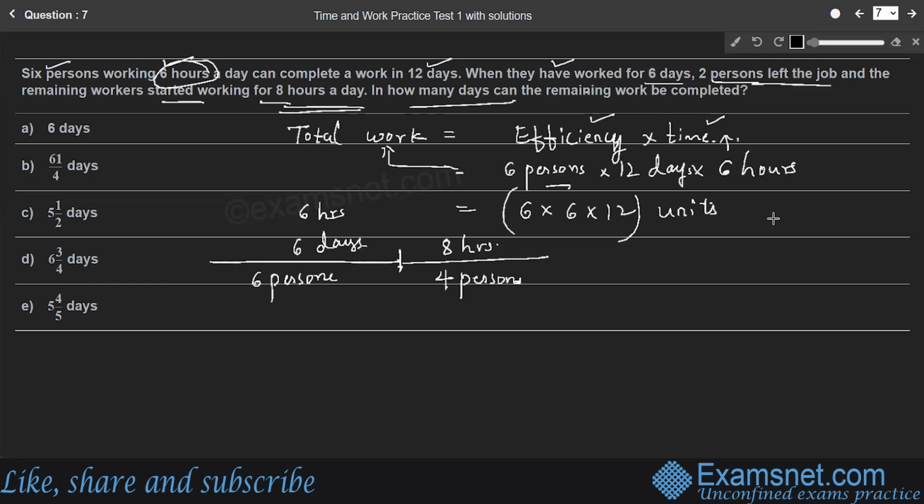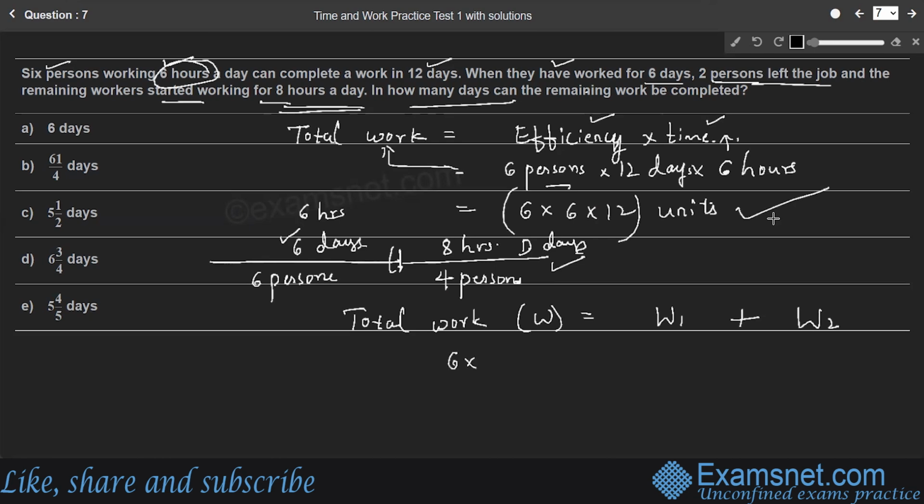To complete the remaining work, the second part of the work, how many days will they take? So let it be D number of days, right? And the total work is 6 into 6 into 12 units. Therefore, we can write total work W is equal to the first part of the work, W1, that means in the first 6 days, the work done by 6 persons, plus the second part of the work, W2.